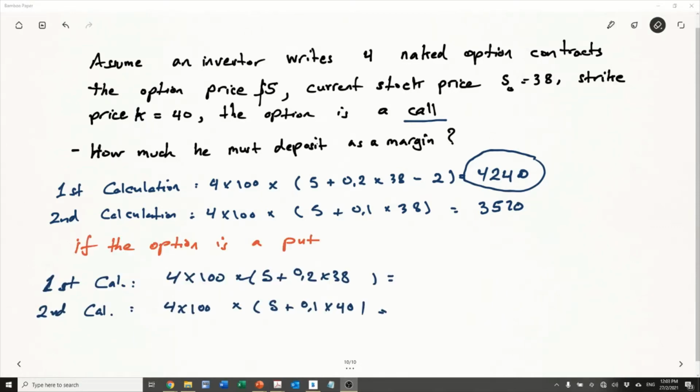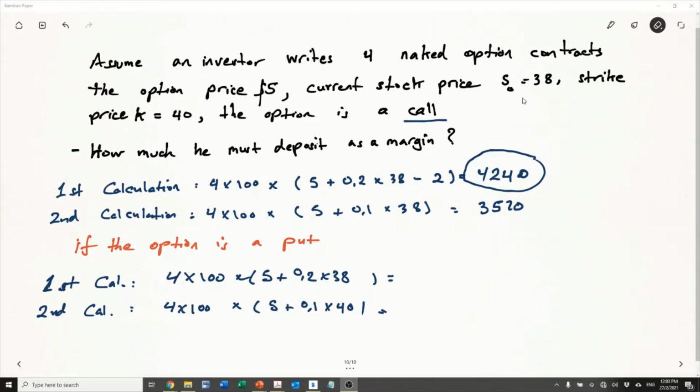Now, if the option we are dealing with is a put option, then we have to do the calculations again, respecting the rules for each one of them. For the first calculation, it's 100% of the proceeds of the sale, so in our case, 4 times 100, so 400 options, times 5, which is the option price, plus 20% of the underlying stock price.